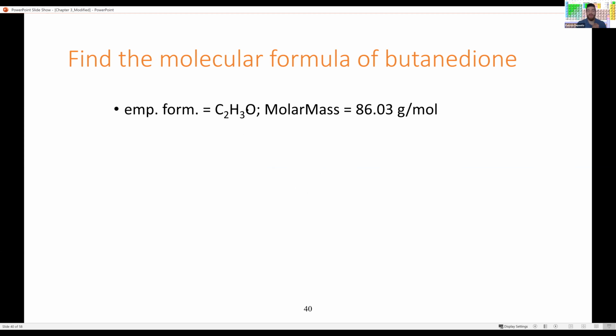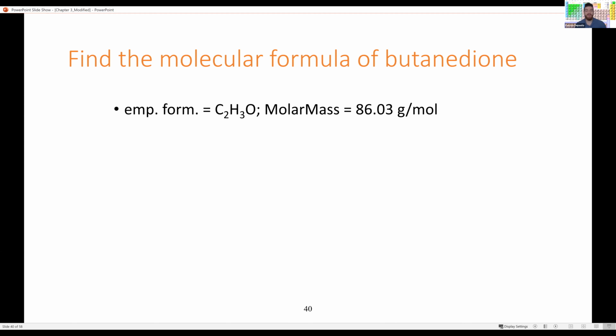That's what you get when you do an empirical formula question. So we kind of skipped a step. Let's say you did all the empirical formula math and figured out C2H3O. The question says, but the compound itself has a molar mass of 86.03. How would you go about figuring out what the molecular formula is?